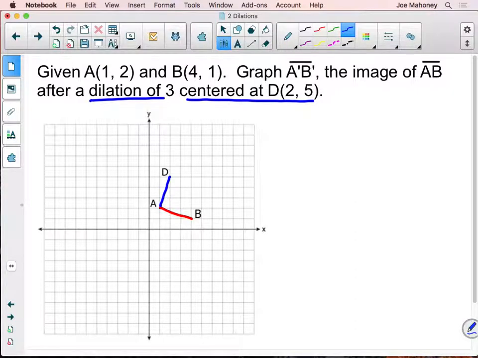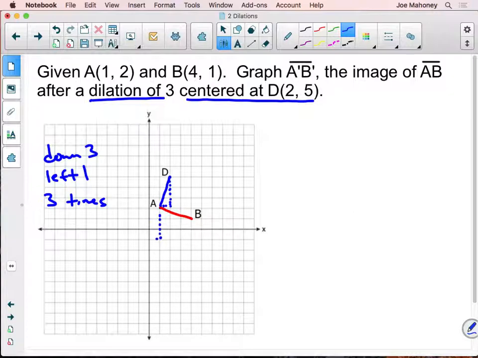But notice that what I did was I went down 3, and then I went to the left 1. I went down 3, left 1 to get to A. And that's one length, one distance. So I get to do this 3 times to get to a scale factor of 3. So there's 1.